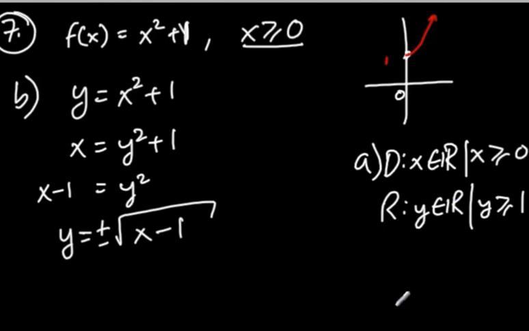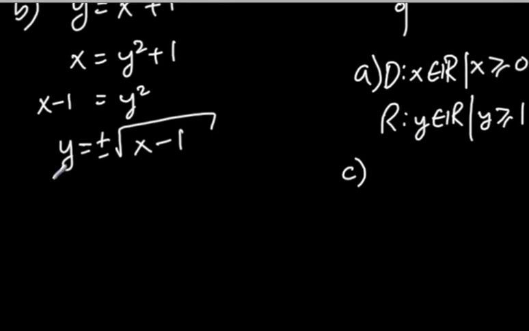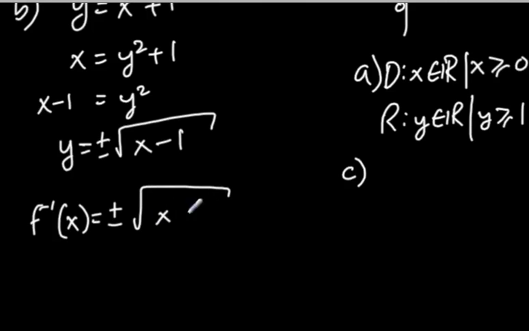So let's do part C, and then that will help us determine how to do that. Part C says if you want the domain and range, remember they switch. Oh, sorry, I forgot. So f inverse of x is plus or minus the square root of x minus 1, and we'll just change this in a second. Remember, the domain of the function is the range of the inverse, and the range of the function is the domain of the inverse.